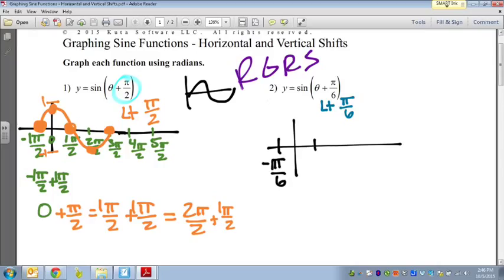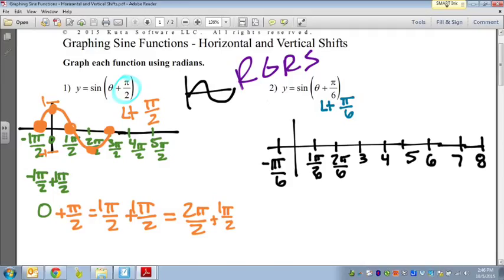For all the other ones, this will be 1 pi over 6, 2 pi over 6, 3. Notice I'm not writing the pi over 6 part, because I think you get the pattern. We don't need to rewrite it, so we can get our new anchor points. We're starting at negative pi over 6, because we shifted to the left.